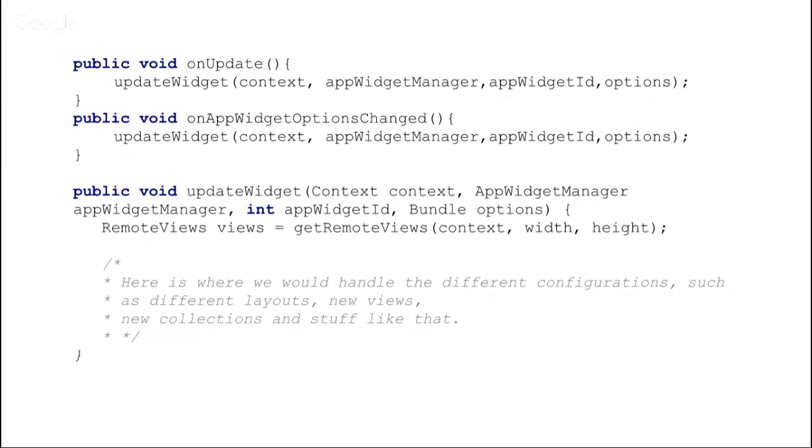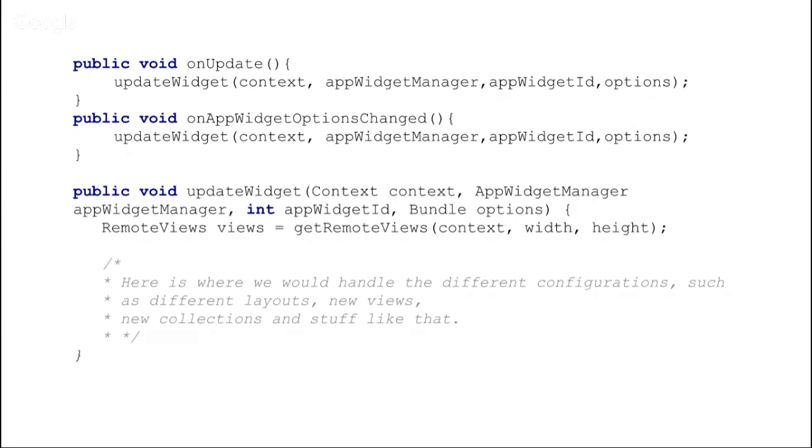It just calculates the size in columns and rows, and you get the remote views, right? Remember, it's kind of like the layout you will be using. And then in the same update widget function is where you actually handle all the configuration changes, everything that your application wants to do with the widget. Of course, I'll leave that in the description.